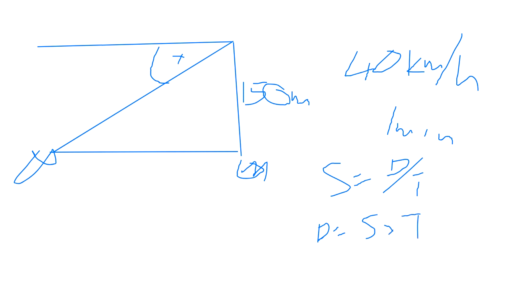Now we have the speed to be 40. We must remember to convert this time into hours, and converting 1 minute to hours gives 1/60.